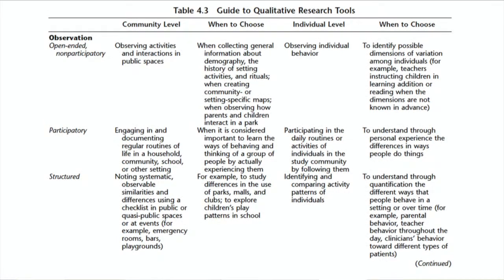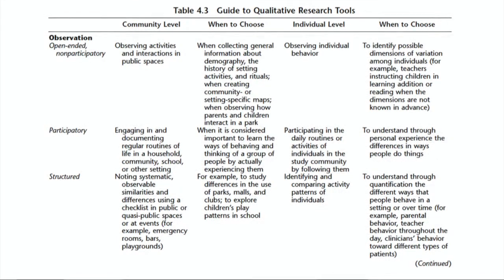There is another type of observation which has been included, and that is called structured observation. This is more structured, as the name suggests, where we are looking for systematic, observable similarities and differences. We often do this by using a checklist. This is often something that we do later on because we have spent time doing unstructured, non-participatory and participatory observation.